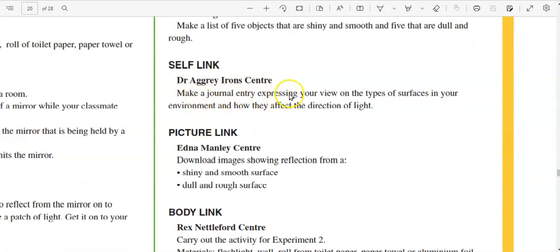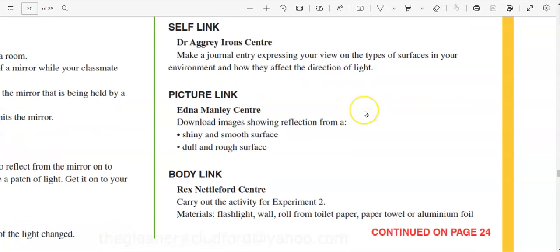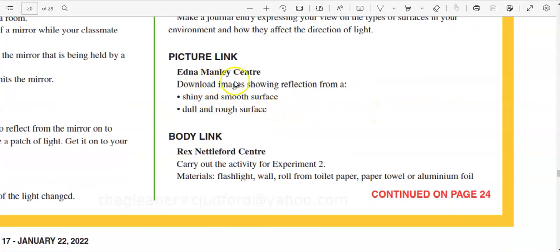Make a journal entry expressing your view on the types of surfaces in your environment. Remember, your environment is around you. And how they affect the direction of light. Picture link, Edna Manley Center. Download images showing reflections from a shiny and smooth surface and then a dull and rough surface.